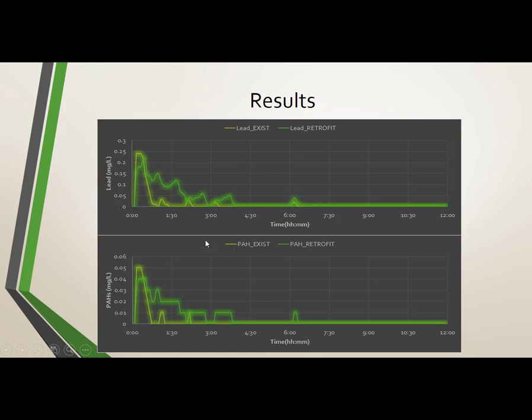Similarly, we can see that the concentration for the PAH is around 0.05 milligrams per liter, which is around 50 micrograms per liter, and we can see the peak is lower for the retrofitted condition. This is because of the reduced flow that is coming to the outflow, because of which we are getting a little higher concentration than the existing condition.